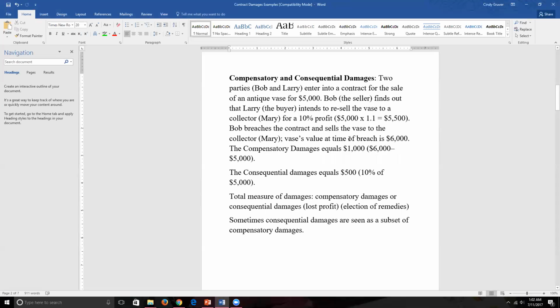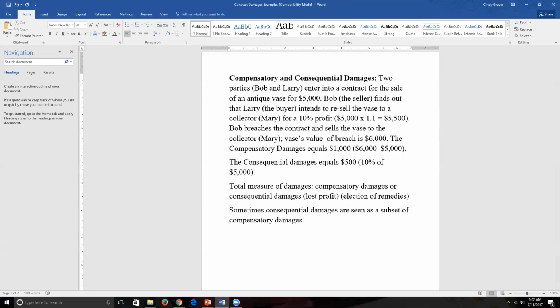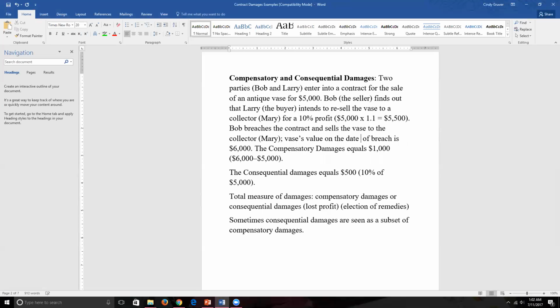let me make this a little more precise. On the date of the breach, the vase's value on the day of the breach is $6,000. So presumably that means that on the date of the breach, Larry could have gone out and bought basically an equivalent antique vase to the one that he had contracted to buy for $6,000.